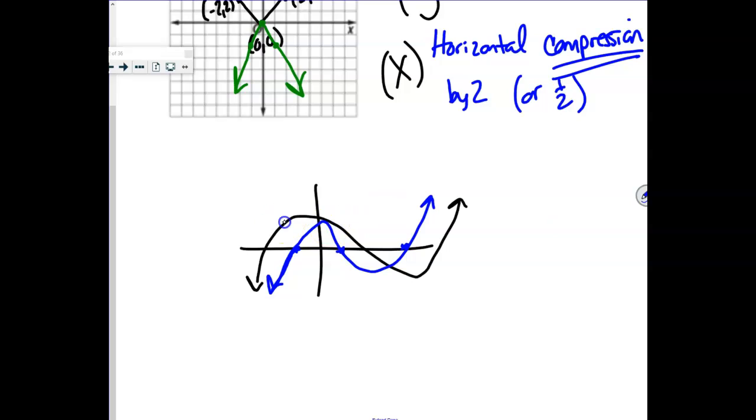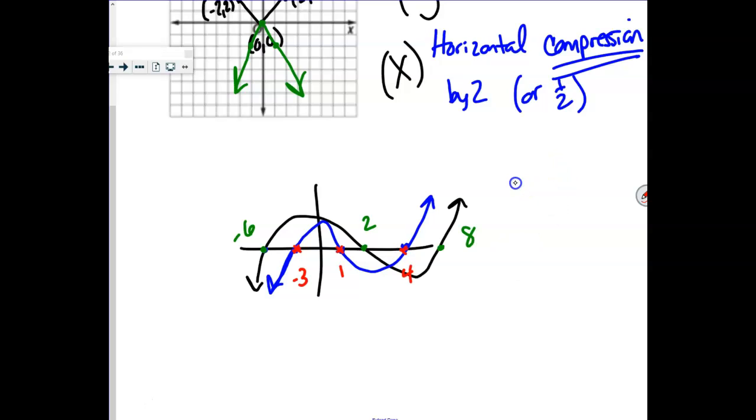And I'll give you ordered pairs, right? I'm just making this up, guys. This is a -6, and this is a 2, and this guy over here is an 8. Then I would have come back with, okay, this is a -3, and this is a 1, and this is a 4.